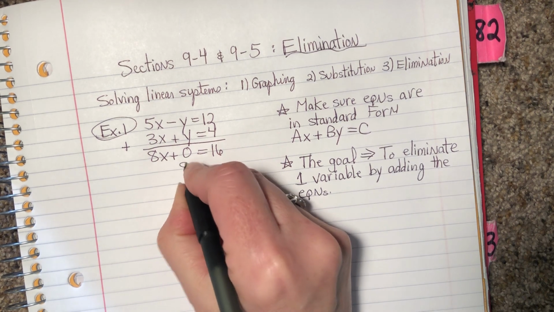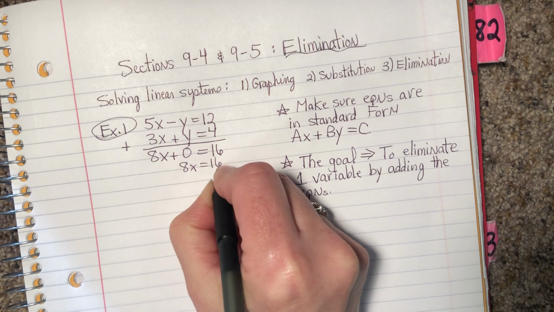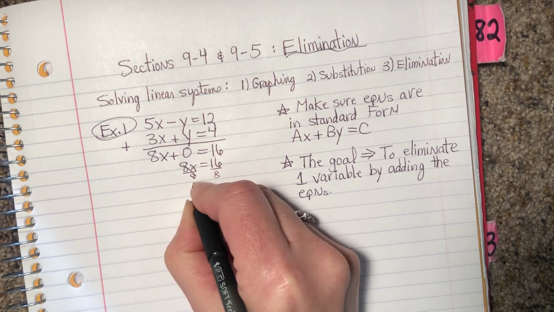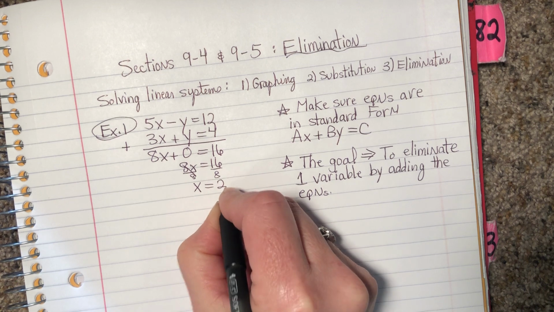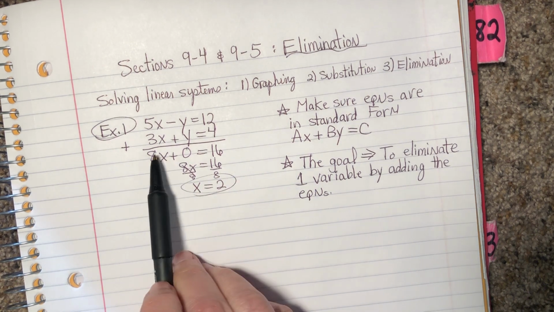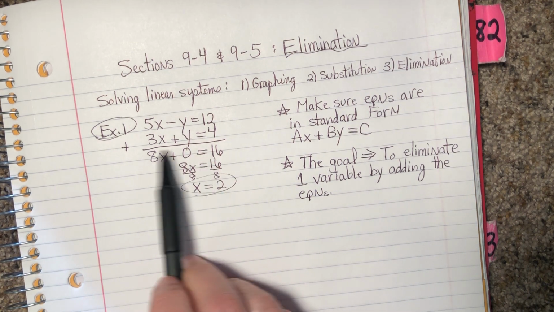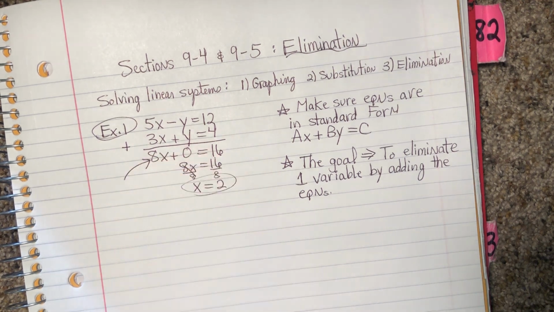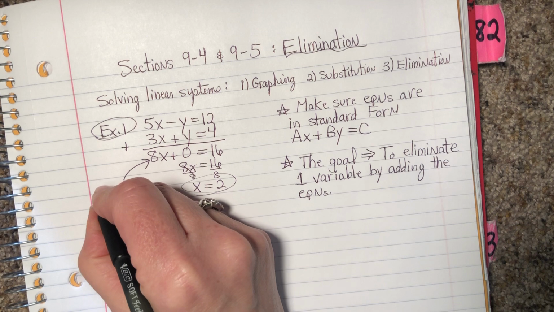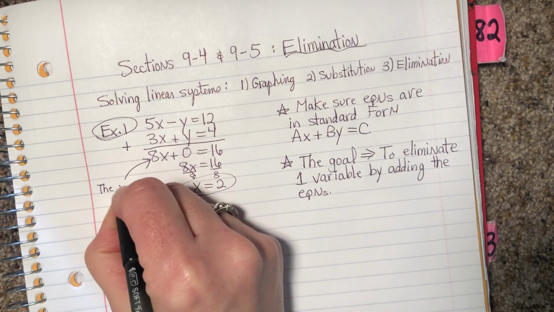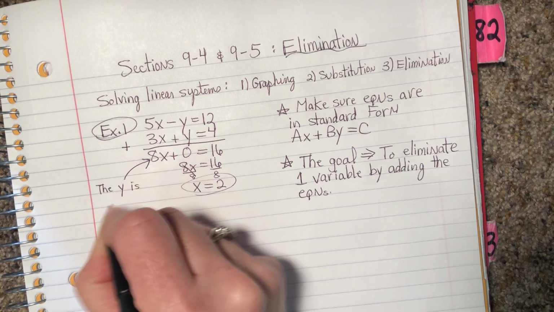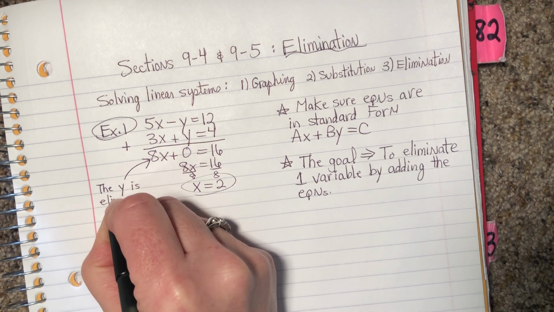So now we just have 8x equals 16, so divide by 8, and x equals 2. By adding these two, we have an equation that has the y eliminated, and you can solve it if it's only one variable.